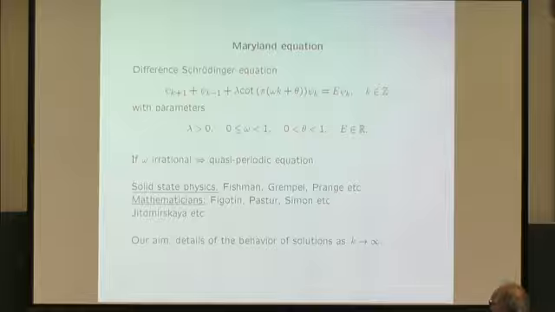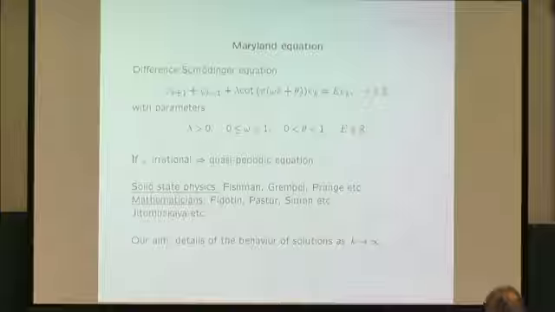It's a discrete Schrödinger equation, because the sum of psi(k+1) and psi(k-1) is the discrete Laplacian. Here you have a potential, and because of this you call lambda a coupling constant. Lambda is positive. You also have parameters omega and theta.